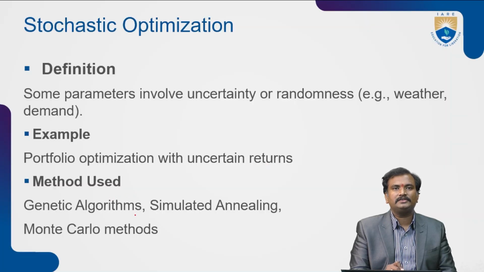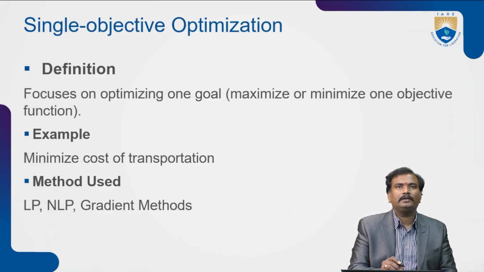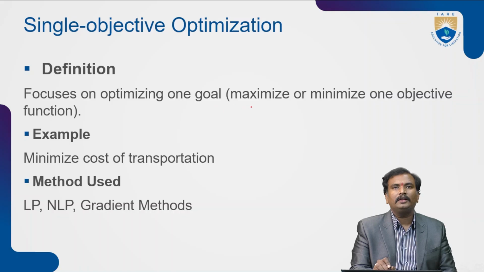The methods used are genetic algorithms, simulated annealing, and Monte Carlo methods. And single objective optimization focuses on optimizing one goal, that is, either maximizing or minimizing one objective function, for example minimizing the cost of transportation.